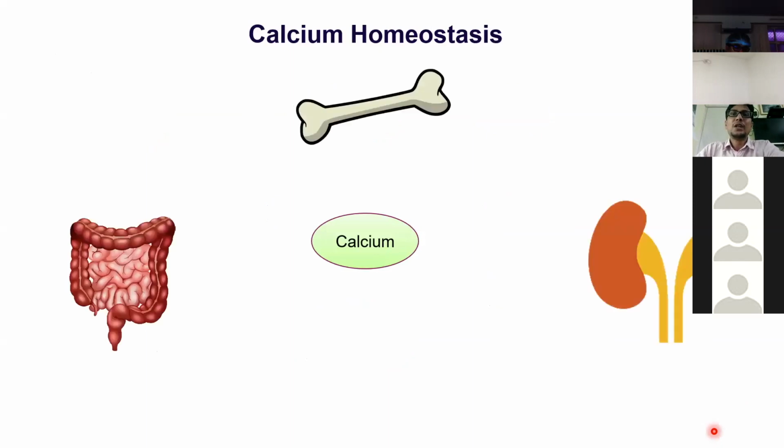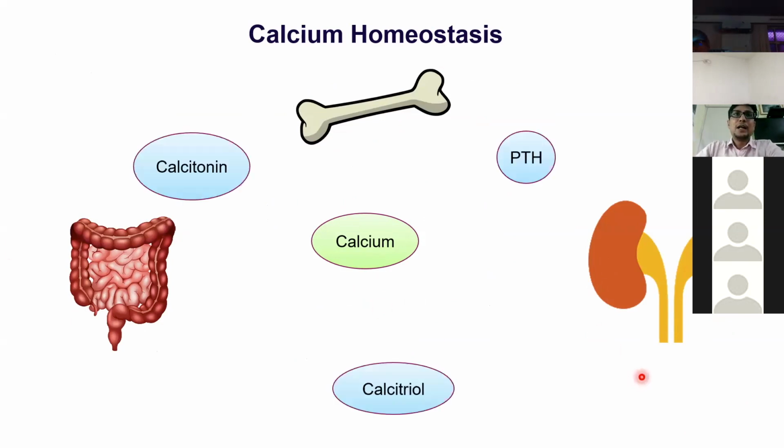So basically, there are three main organs which play an important role in calcium homeostasis, where bone regulates acute changes, and gut and kidney are for chronic regulation. And there are three hormones: parathyroid hormone, calcitonin and calcitriol.